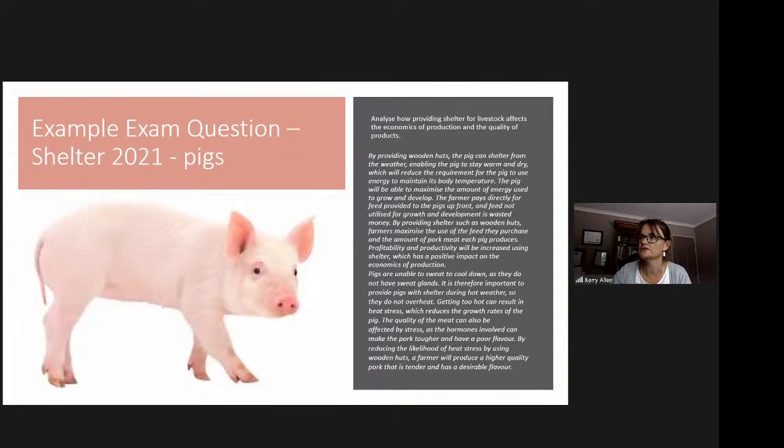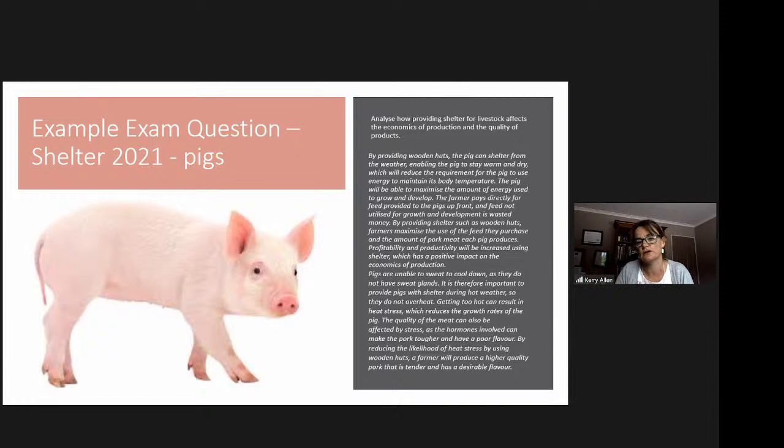And then linking that to the excellence. In this case, this question was asking for economics and for quality. So how does shelter improve those two things? For economics, you can link both of these together, I should say. You could say that by ensuring that your pigs are sheltered, they're increasing that production.